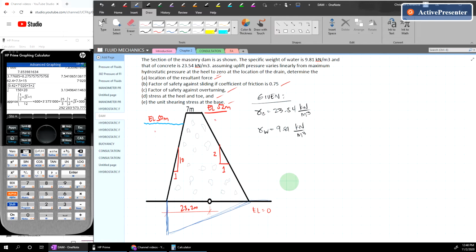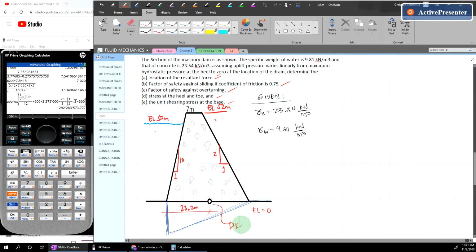So, it's ideal to minimize yung uplift kasi yung uplift pressure will cause additional overturning moment sa ating dam about its toe. One way to do that is maglalagay ka ng drain. Sa drain na yan, nakakatas or nakaka-escape yung water sa ilalim ng dam natin.